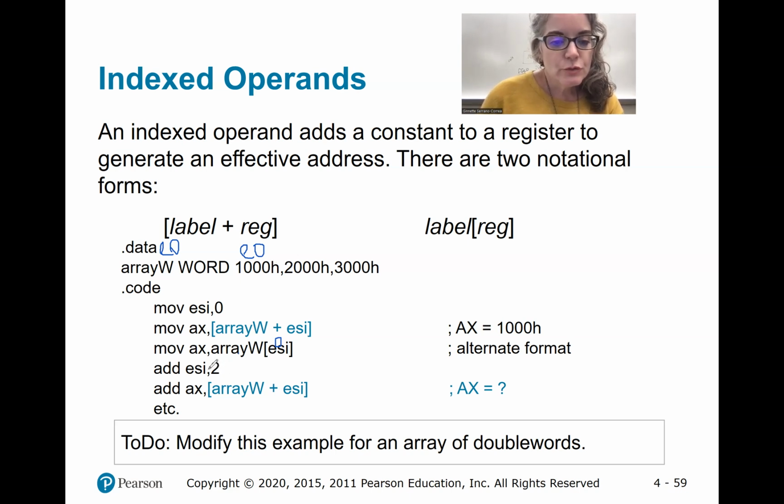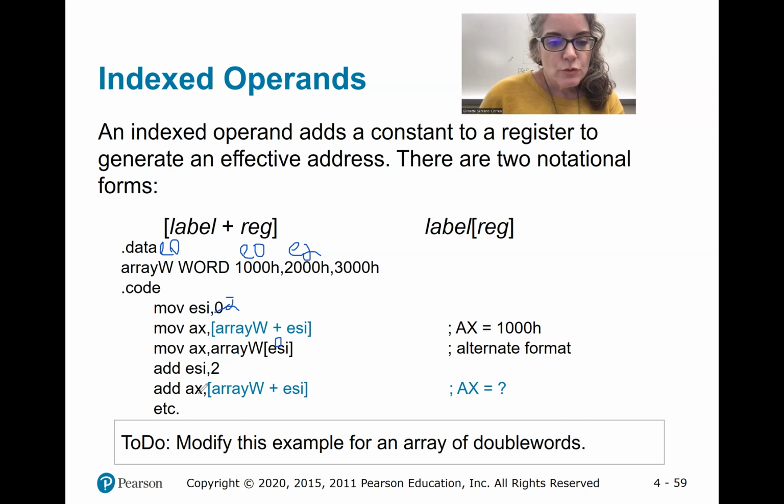Now, if you add 2 to ESI, well, ESI is just a constant. ESI had a 0 in it. So if you add 2, now ESI has a 2. And so if you say array W, which is at FFE0, plus 2 gives you E2. This is where E2 lives right here. This is what E2 is pointing to, FFE2.